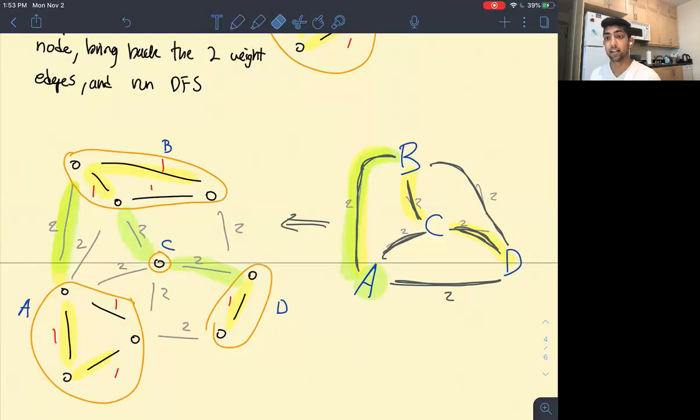Given that, we will bring back the edges of weight 2, right? If there's a redundant edge of weight 2, there's no point adding it. For simplicity, we won't. Then we will rerun DFS using this new graph. We will get a subset of edges of weight 2 that we will then add back to our graph from before, and we will get our final MST, which is about to be highlighted in blue.